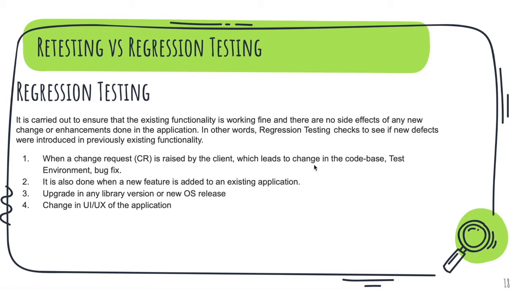Or say, for example, any new operating system version, or any new browser version, or any new environment is released, like Apple coming with iOS 14 recently, so I will be doing a quick regression testing on the iOS 14 OS version of the application. Also, regression testing is done when there is any change in UI UX of the application.